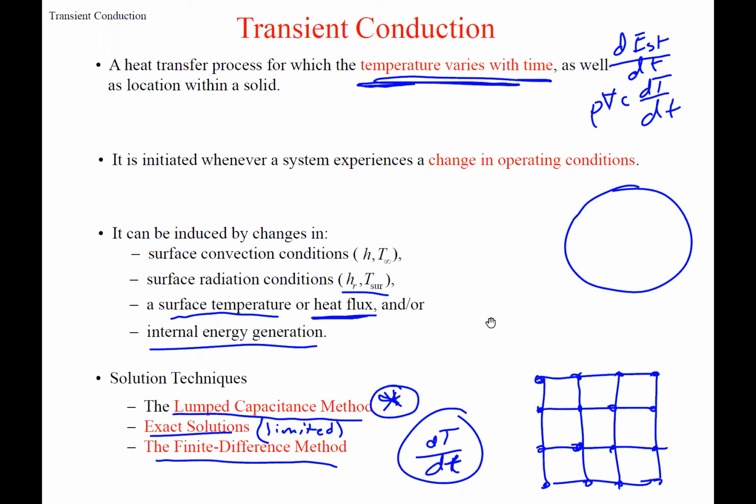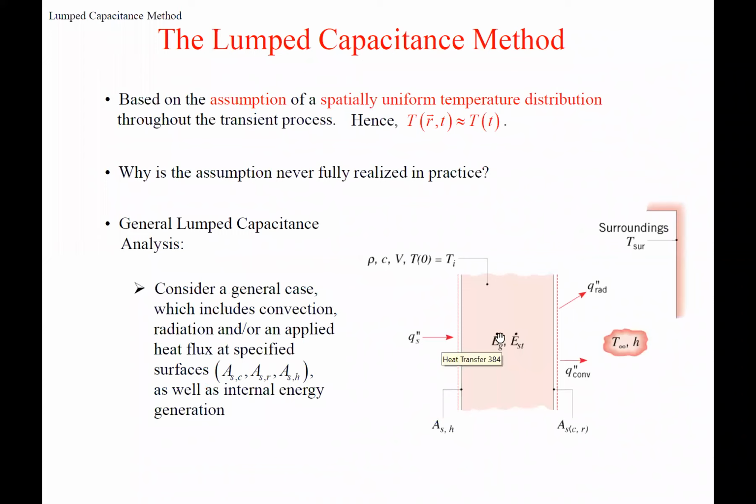So we're going to be looking at lump capacitance. Lump capacitance has a major assumption that goes with it to make it valid, so that we can use it. And that's the assumption of a spatially uniform temperature.